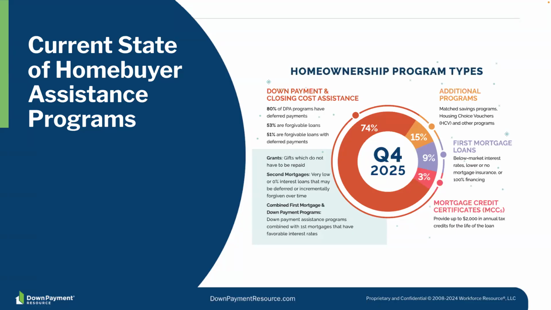Within that, 80% offer deferred payments, meaning there is no monthly payment on the DPA loan for a set period of time. 53% are forgivable, either partially or fully, essentially turning into a grant over time. And 51% are both deferred and forgivable.